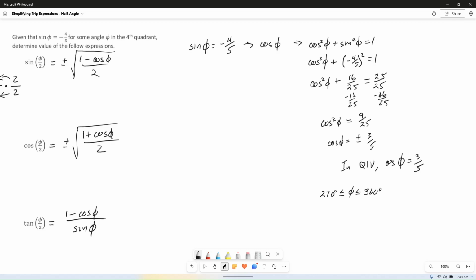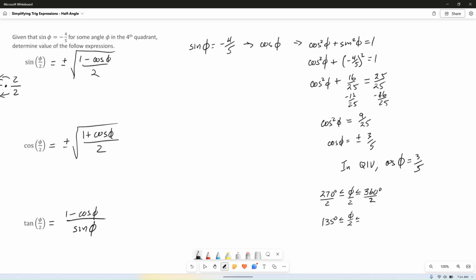So just assuming it's within the fourth quadrant of the unit circle. If we were to divide 270 by 2, and phi by 2, and 360 by 2, well, 270 divided by 2 is going to be 135 degrees. That has to be less than or equal to phi divided by 2.